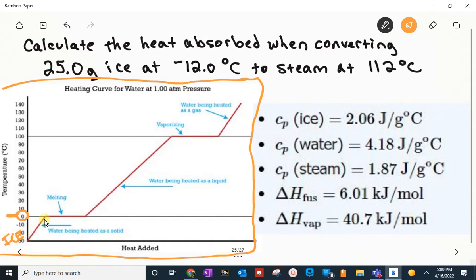And as it heats up, we can see on the chart that when it's ice, the specific heat is going to be 2.06 joules per gram degrees Celsius. So this section right here, when it's ice, is going to be 2.06.